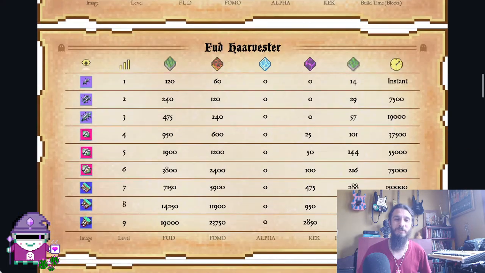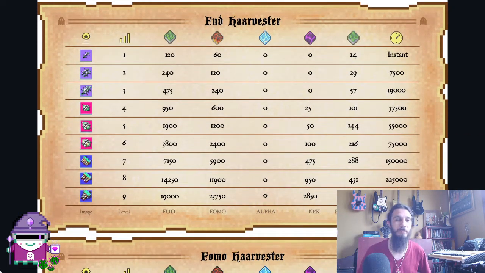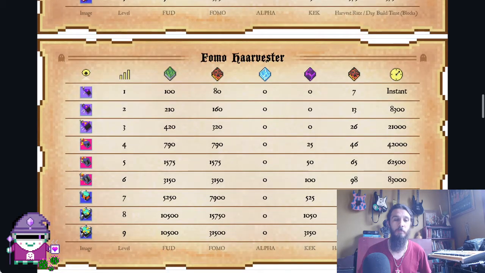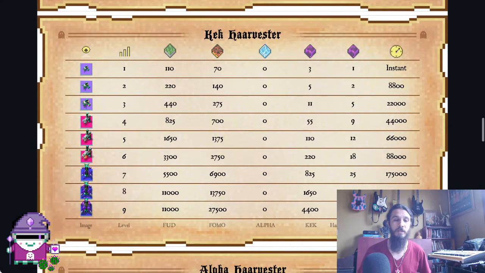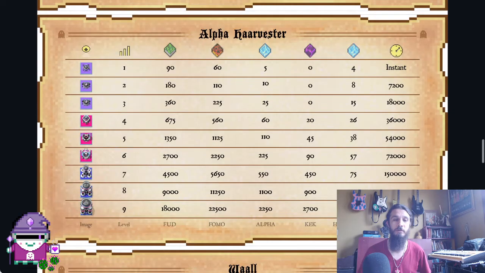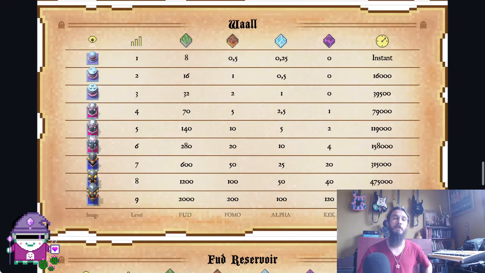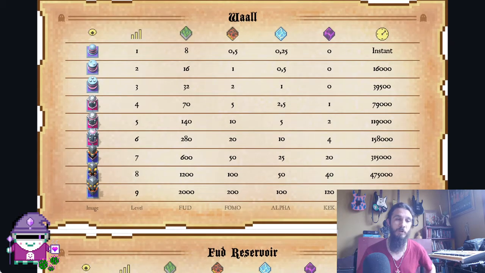So then, harvesting is not going to be open right away at the game, but we have harvesters for every Alchemica. So you've got your FUD, FOMO, Keck, Alpha harvesters, and then you've got walls. As we discussed in the community call and over a couple of other community talks, the walls are going to be for defending your property, obviously, but liquidators will be able to attack your wall and hurt your wall.